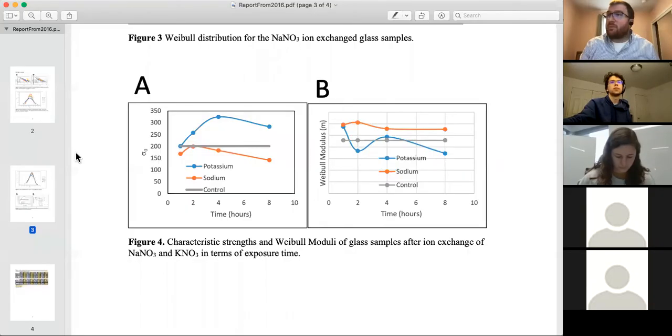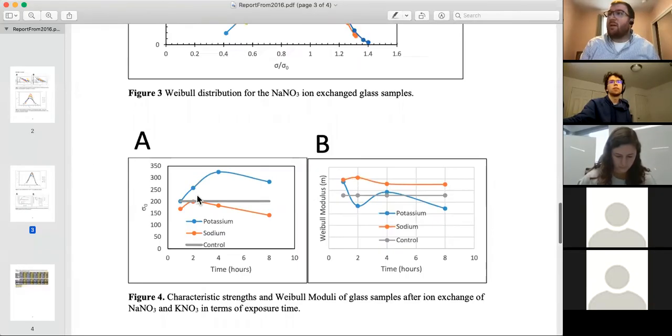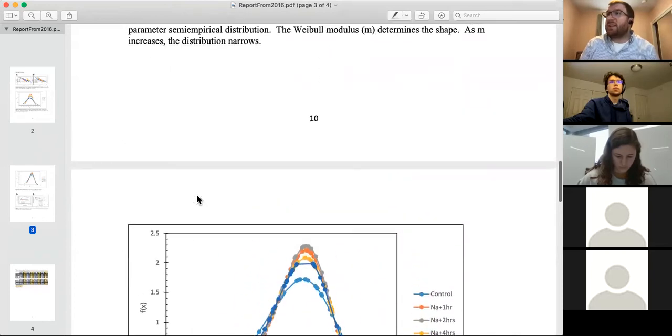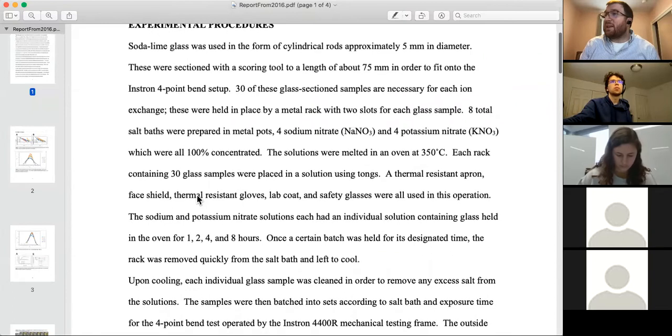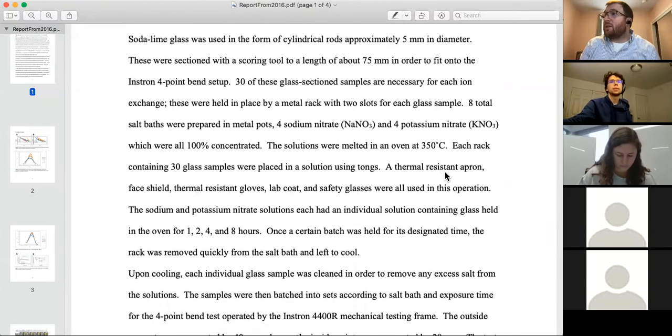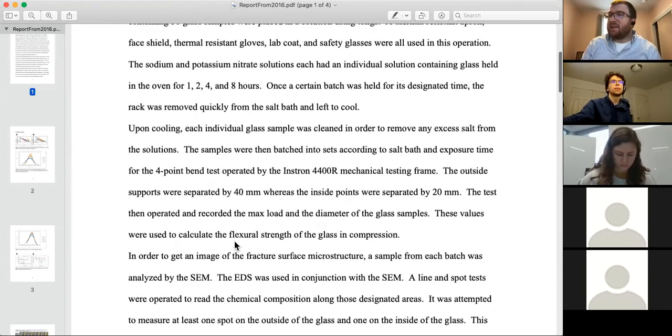Okay, I'm gonna share my screen, and we'll take a look at the results here. The 2018 one is a bunch as well. Okay, so this is the 16, just because that's the one I had up. This is at the lower end of 350, and they did the 1, 2, 4, and 8.